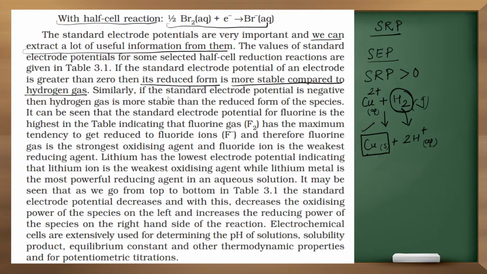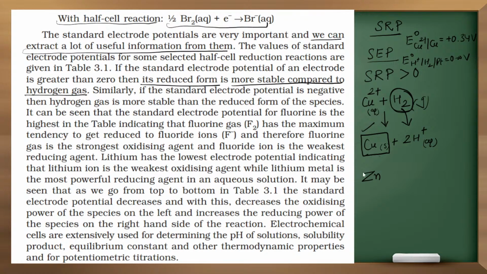E naught value of copper is plus 0.34 volt, and standard reduction potential of hydrogen is only 0. So copper has more reduction potential than hydrogen, that's why its reduced form is more stable than hydrogen gas.